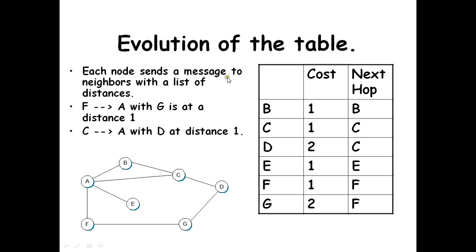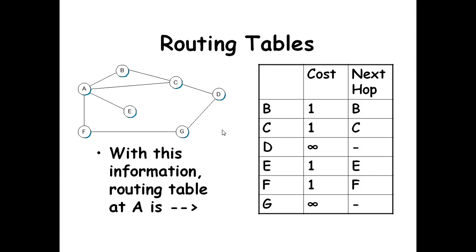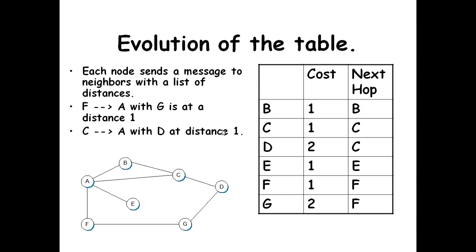Each node sends a message to its neighbors with a list of distances. We know that the cost from A to C is 1. In the previous slide, the cost from A to D was infinity, but here the cost from A to D is considered 2.